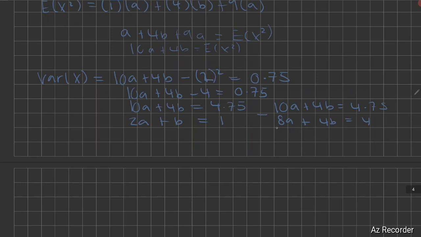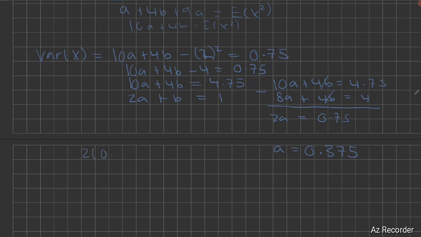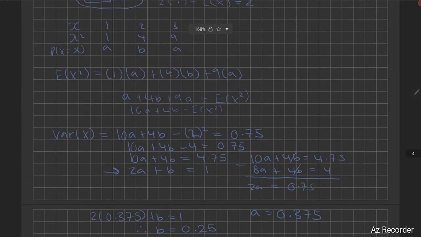So if we subtract, just to cancel out these b's, we get 2a is equal to 0.75, and that would make a out to be 0.375, sorry. And we can sub that back in, subbing this back into this equation here: 2a add b is equal to 1, therefore b is equal to 0.25. Yeah, so again, just remember these rules and you'll be fine.